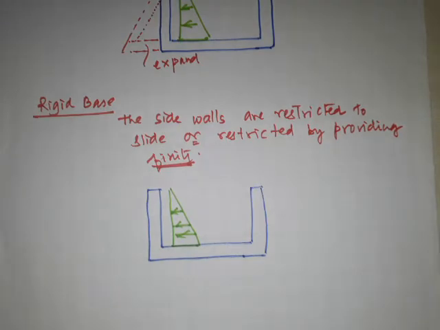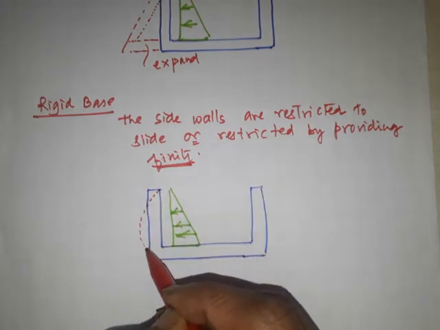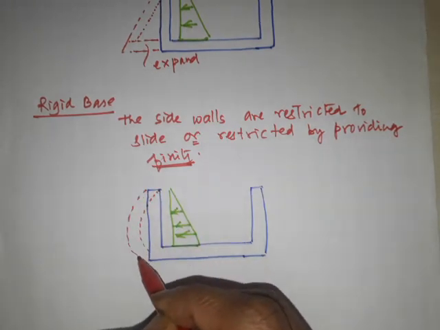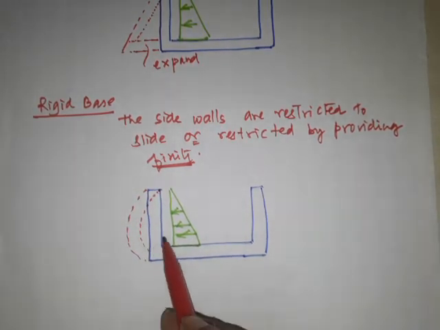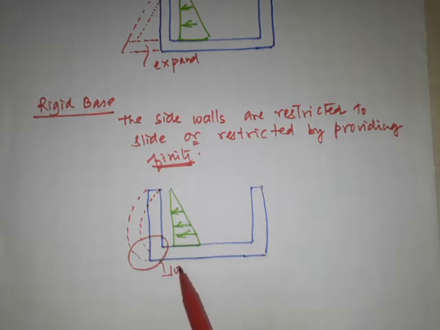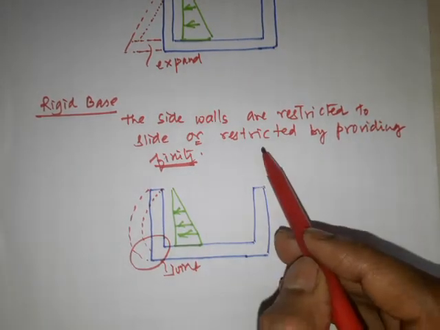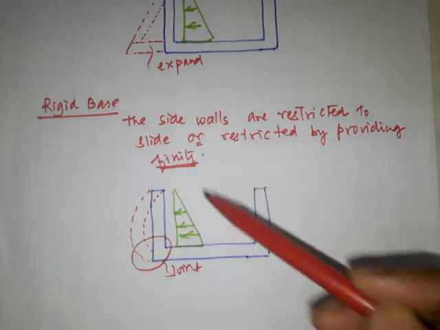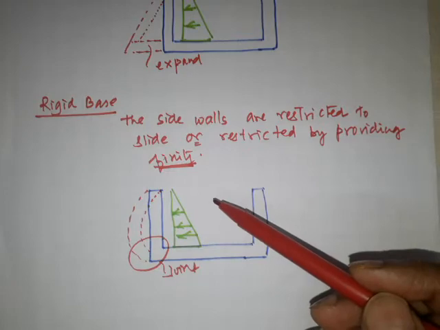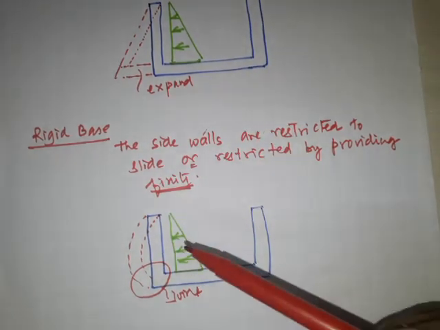The behavior of the water tank will be like this. This is because of what? The joint, here you can see the joint is not allowed to slide because of the fixity, restricted by providing fixity in the joint. Clear? Now this is the difference between the design of a water tank if it is a flexible base and if it is a rigid base.